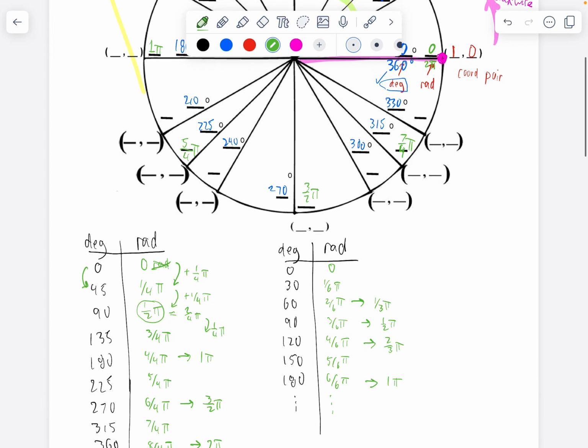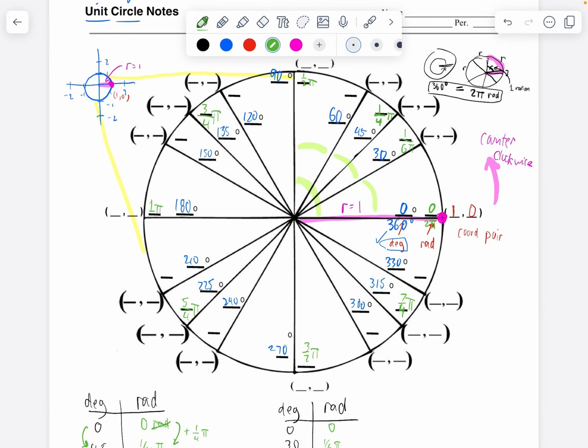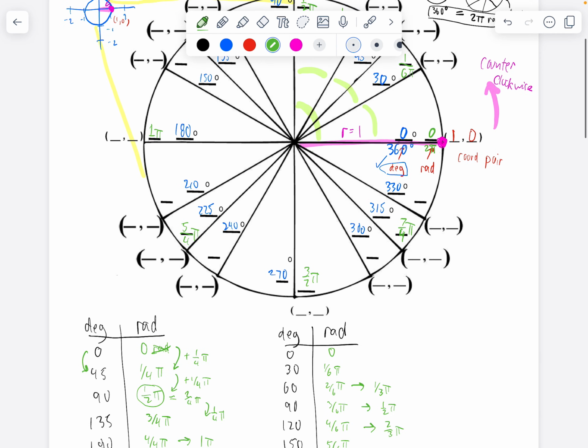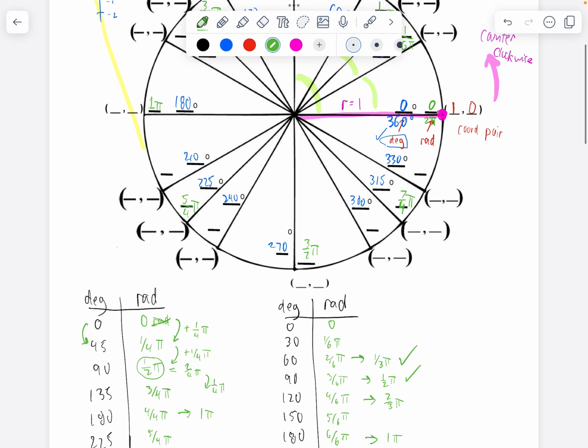Okay, so which ones do we need to fill out? So we said this is 1/6. This one was 2/6. But 2/6 can be turned into 1/3. And we already know 90 is 1/2. 120, okay, so 1/6, 2/6, 3/6, and 4/6.